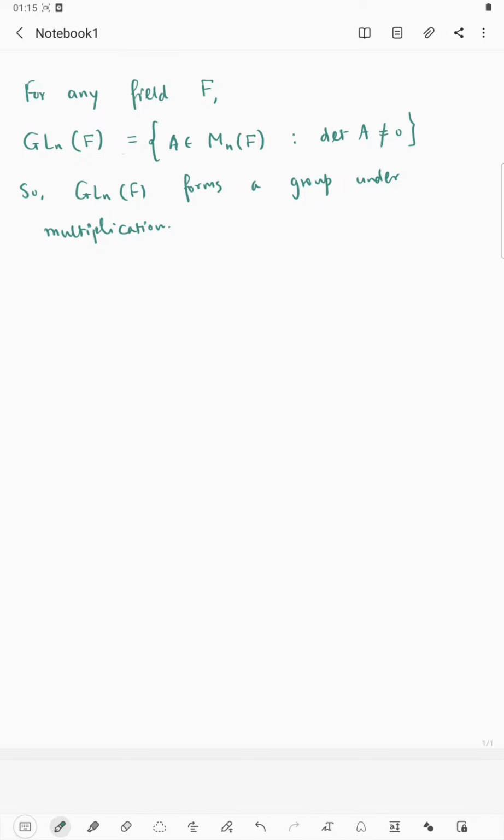We are not going in that direction. We are simply proving our result. So this is under matrix multiplication.